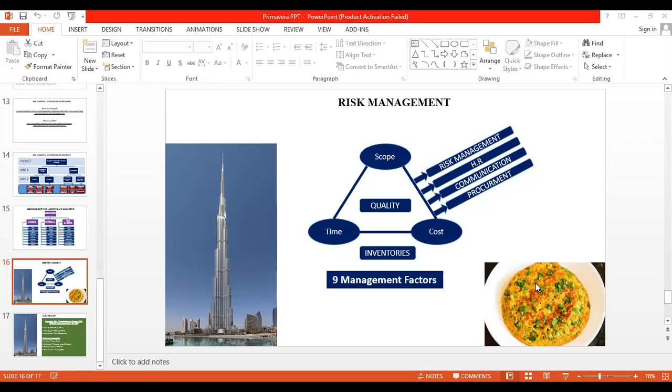There's a small project for you guys. As we discussed earlier, starting from procurement of ingredients needed for preparing the omelette, to the end of the project, that is serving this omelette on the dish.